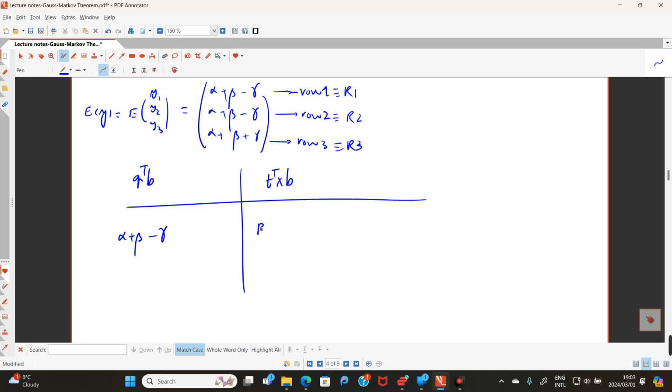If I have R1 plus 0 R2 plus 0 R3, or 0 R1 plus R2 plus 0 R3, or, remember from the example, half R1 plus half R2 plus 0 R3, then it shows that this linear function of parameters is a combination of the rows.